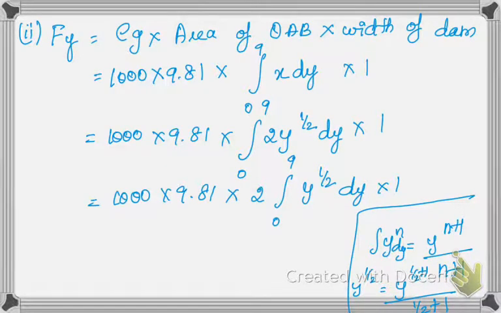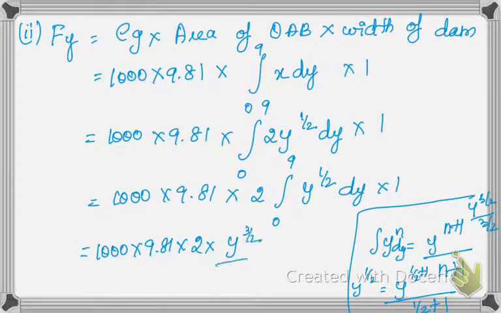If I take this, I will be getting y power 3 by 2 by 3 by 2. So 1000 into 9.81 into 2 into y power 3 by 2 divided by 3 by 2 within the limits 0 to 9 into 1.